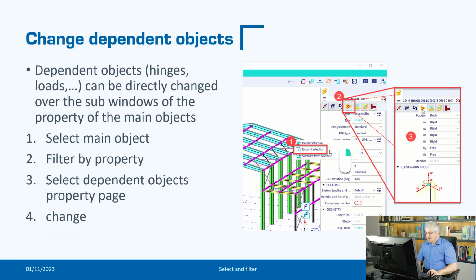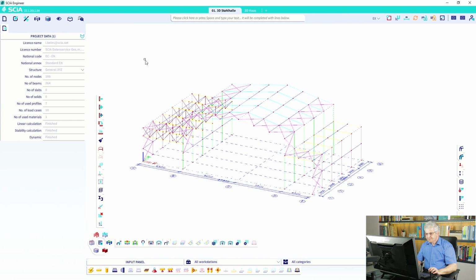Next, change dependent objects. What does it mean? I would like to select all these horizontal members, I think they are purlins, and change their hinges. They have hinges, so we can make them visible.